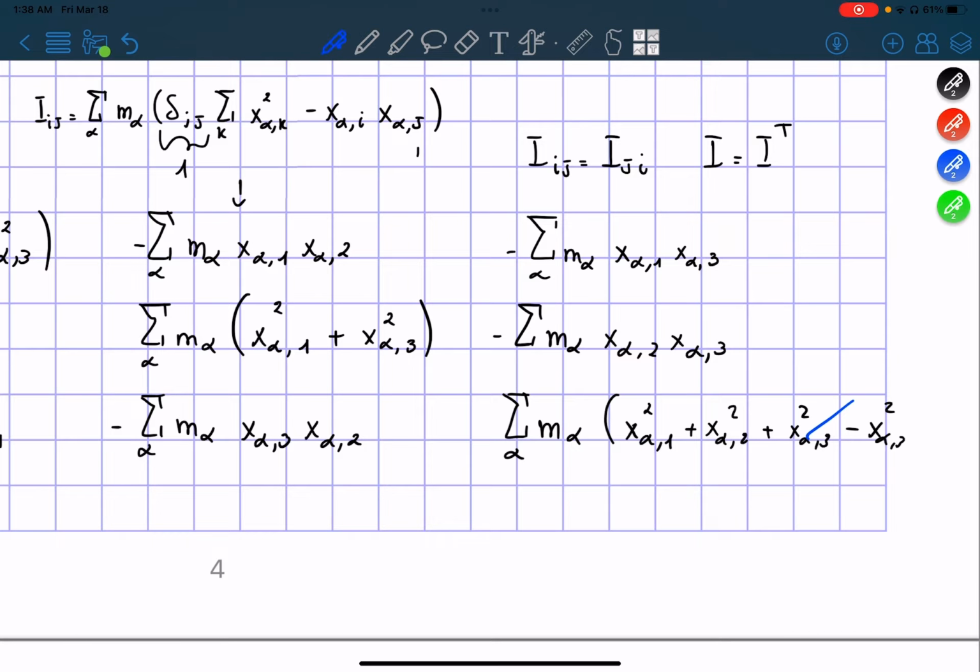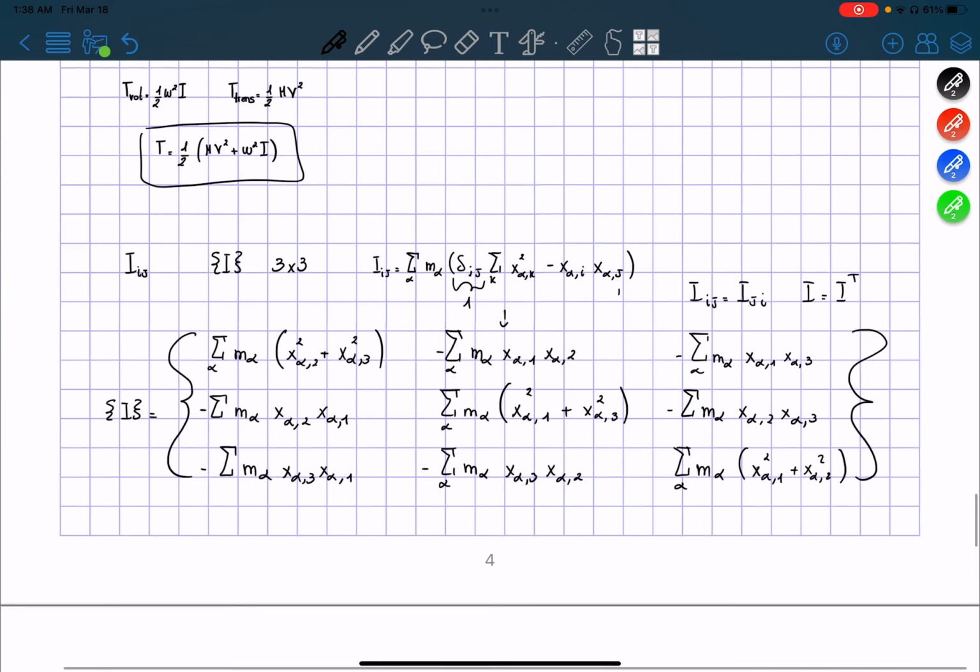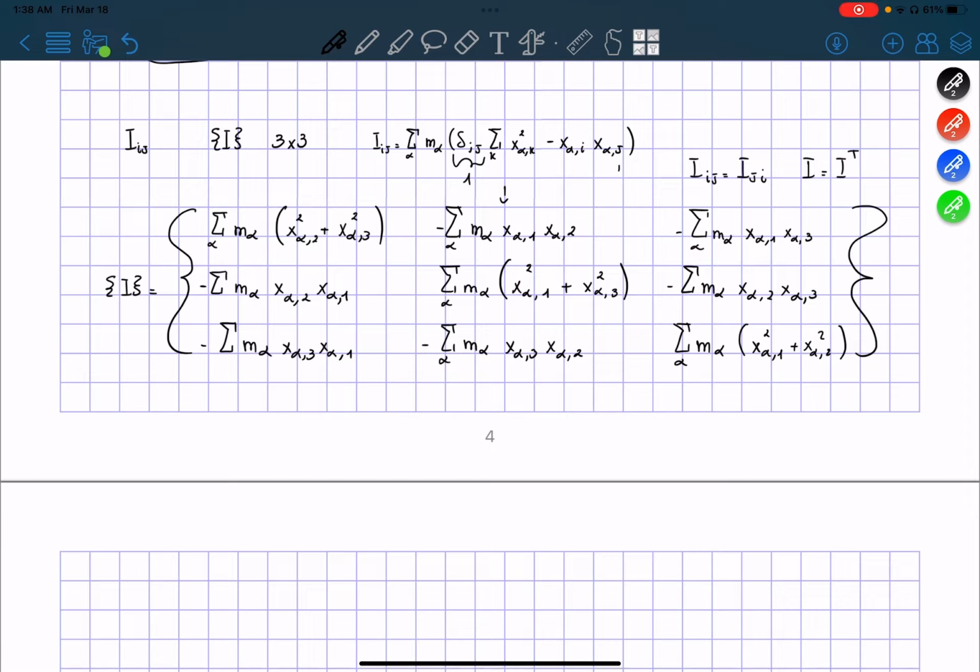So we cancel out this plus 2, so we just erase this 2. And this is our complete matrix.